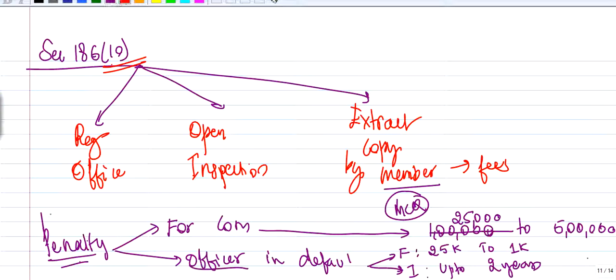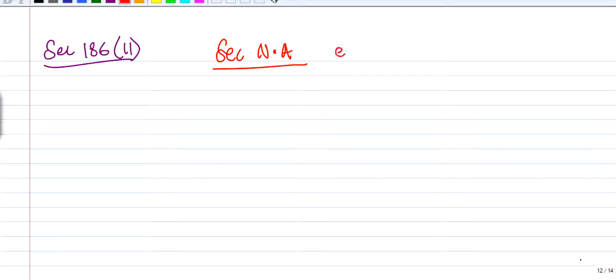Penalty is subsection 13, section 186 subsection 13. What about section 11? That is also a very important section. When I say section 186 subsection 11, that is about the section not being applicable, except subsection 1.